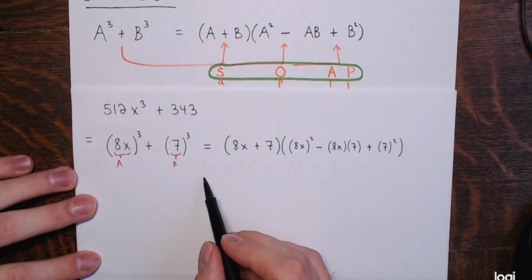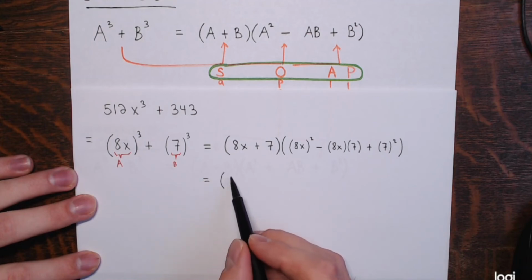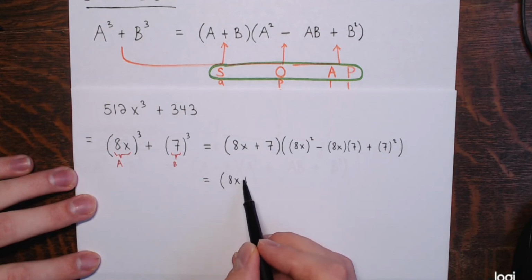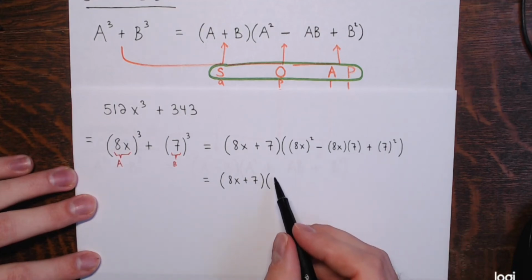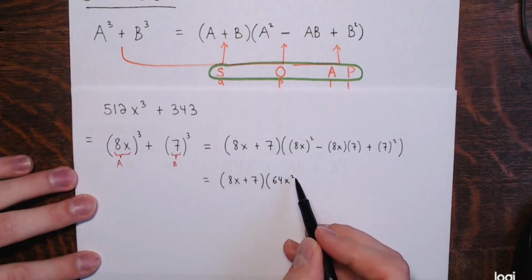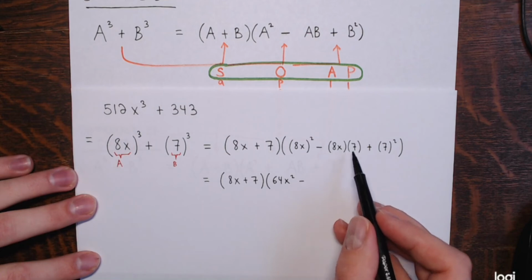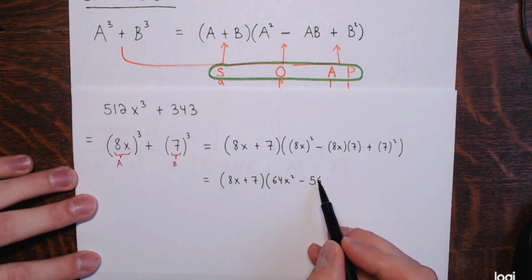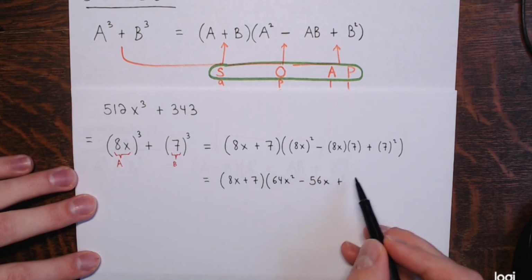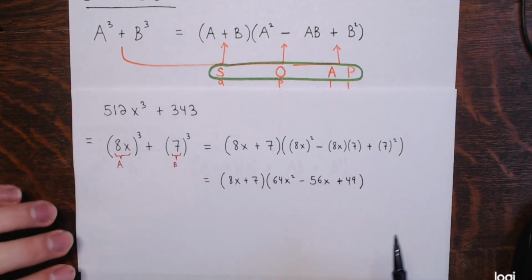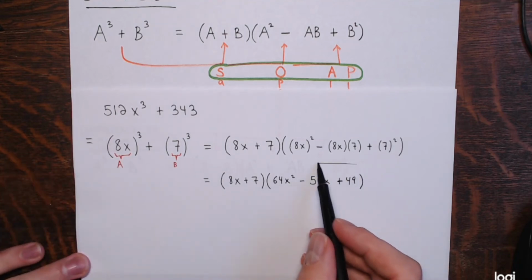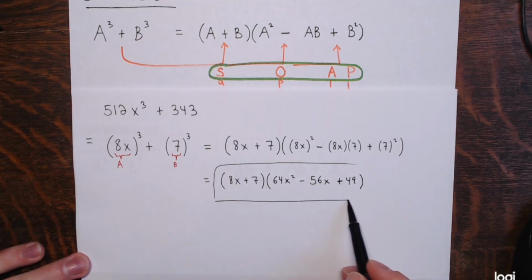So this factors to 8x plus 7, that's one factor, times another factor: 8x to the second power is 64x squared, minus 8x times 7 is 56x, plus 7 squared is 49. And there we go, this is the factored version of our original polynomial.